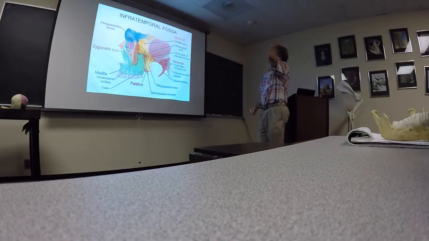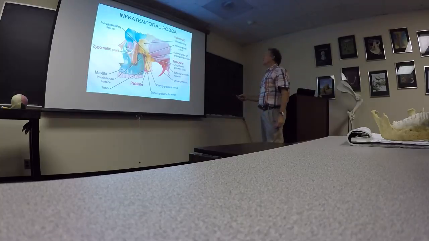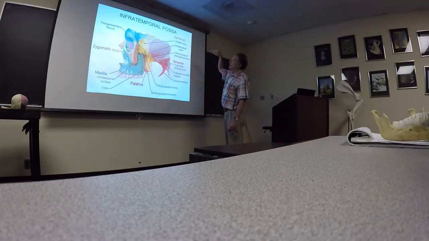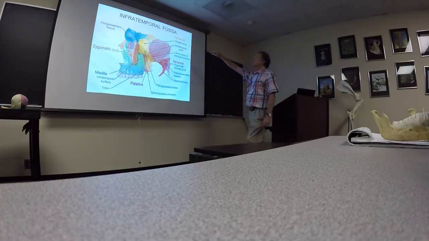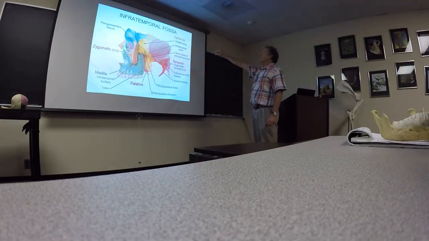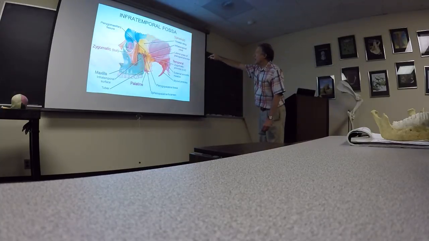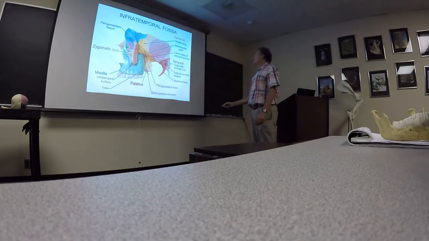So if you remember that first set of definitions, the pterygomaxillary fissure is just this gap right there. The space inside is the pterygopalatine fossa, and then the hole going into the nose is the sphenopalatine foramen.